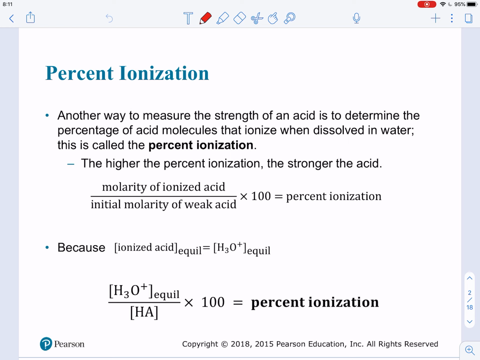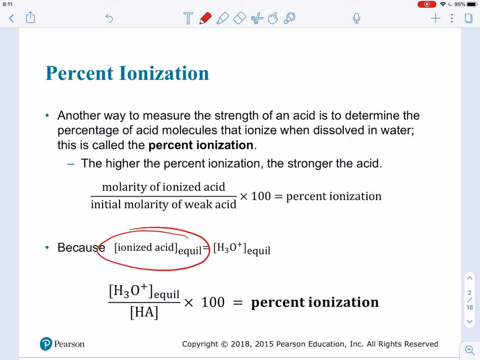Then you say, well, the percent ionization is 5% because 5 out of 100 molecules of the acid are ionized. So because pretty much the amount of acid that is ionized is present as the hydronium ion and the conjugate base, then that fraction of the acid that is ionized is equal to the concentration of hydronium ion. So that's what we have here.